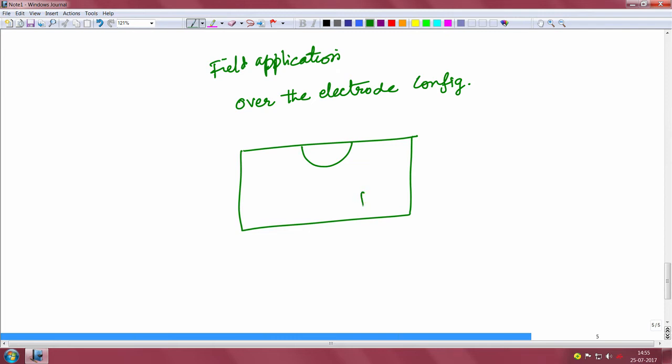Let me simply say a lithium niobate based device, where this is the optical waveguide, typically formed by diffusion of impurities like titanium into lithium niobate. A few traces of titanium metal diffused into lithium niobate can form these optical waveguides.